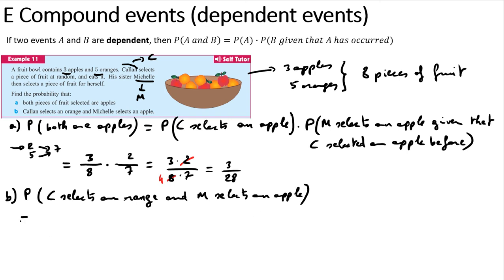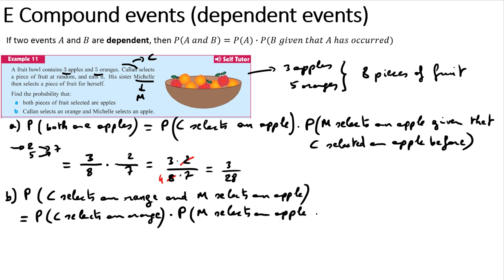That is equal to the probability that Callan selects an orange, times the probability that Michelle selects an apple given that Callan selected an orange before.